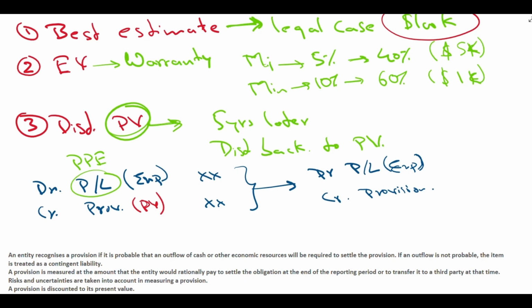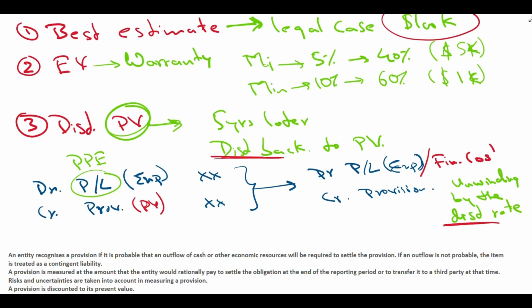But subsequently when you are unwinding by the discount rate, which was used initially here, the same rate will be used for discount unwinding. So that will be recorded, and instead of P&L here, it will still be P&L, but it can be called finance cost.